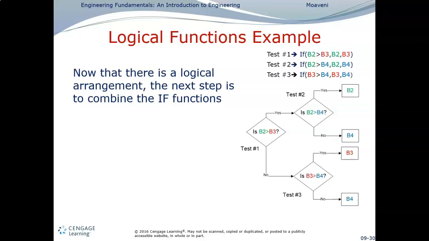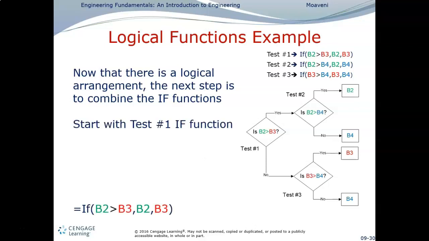Now that there is a logical arrangement, the next step is to combine the functions. So the first one is, we'll start with test 1 if function, which is B2 greater than B3.